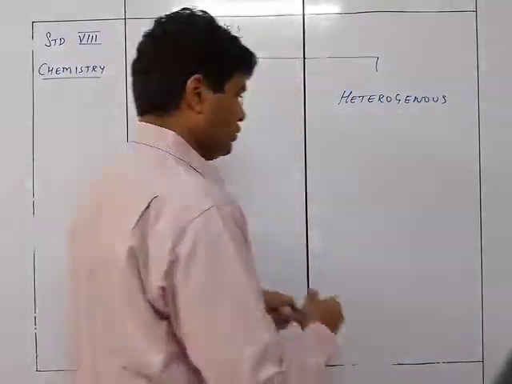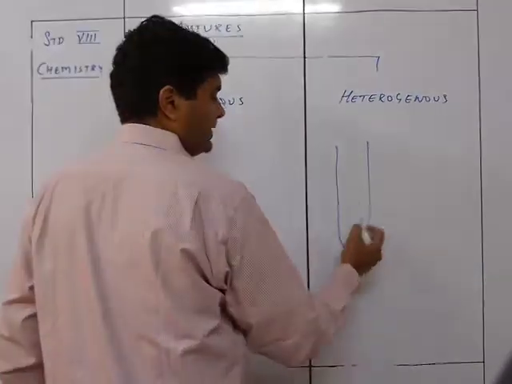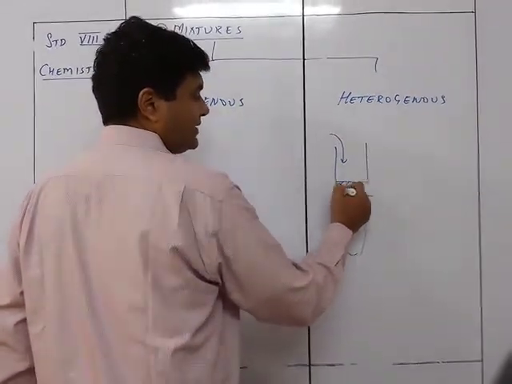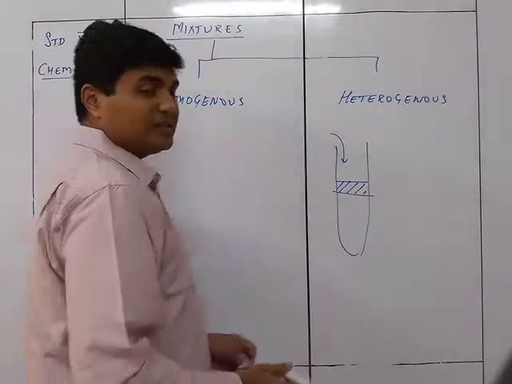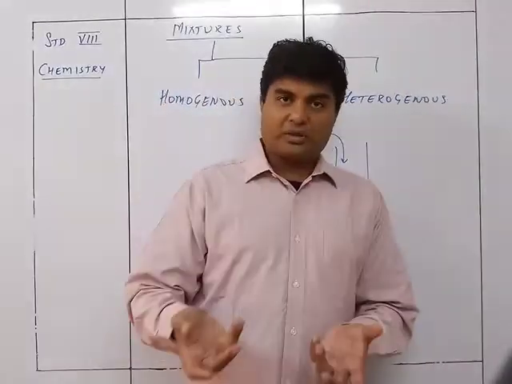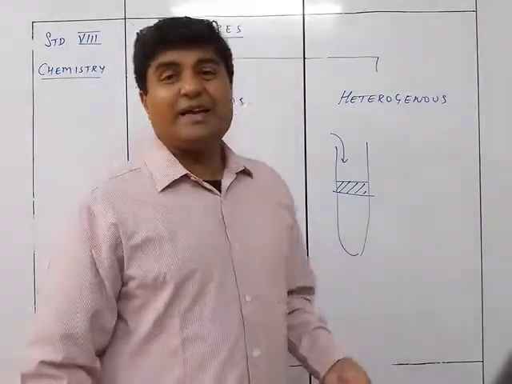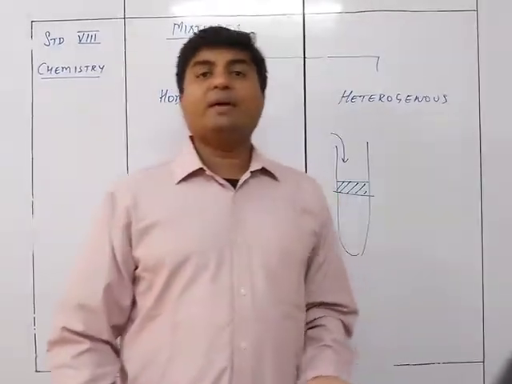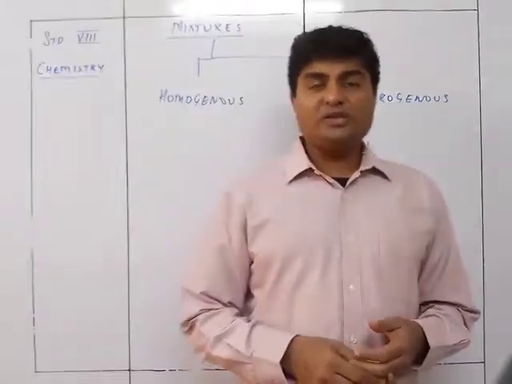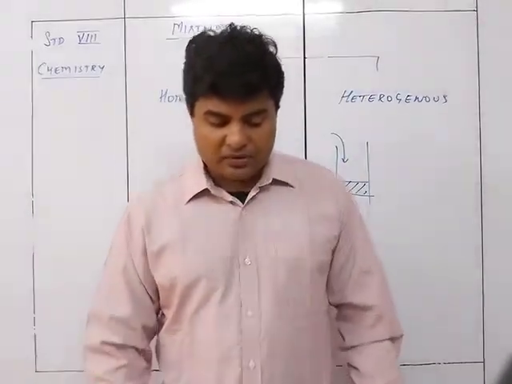If I have a test tube filled with water and I put some oil into it, the oil will come as a layer on top of it. The mixture will not be mixed thoroughly at all. These are called immiscible liquids. When liquids do not mix with each other properly, they are called immiscible liquids. These are examples of heterogeneous mixtures.